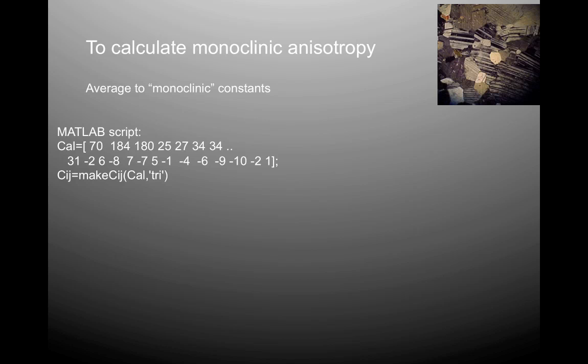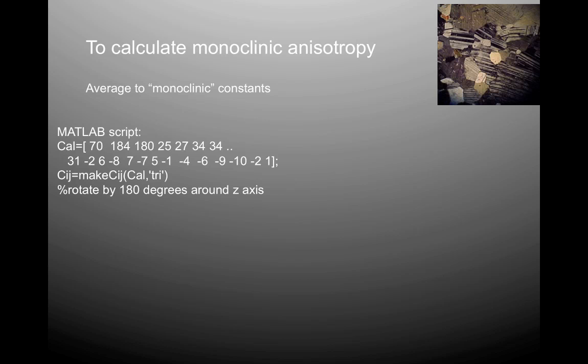Now we need to make Cij in matrix form. You could use the function makeCij, and this again is just a test that you've correctly entered your constants and they form a matrix as you expect. Now, in order to average to monoclinic symmetry, we only need 2 crystals, a primary crystal and one rotated 180 degrees about the C-axis.